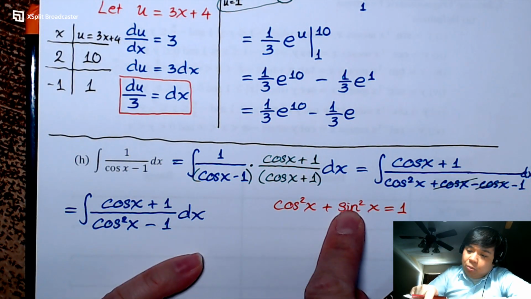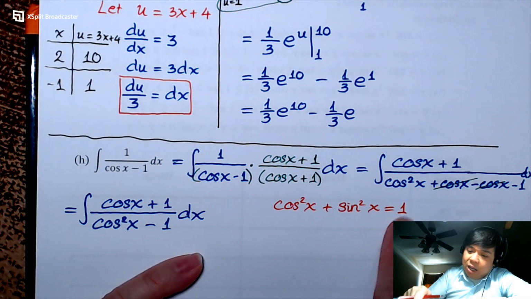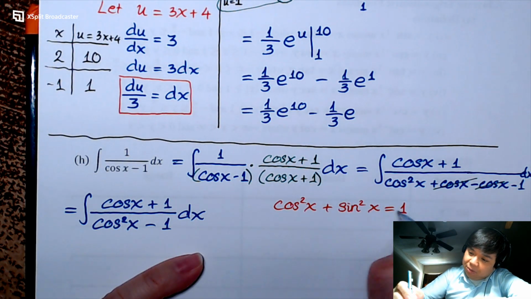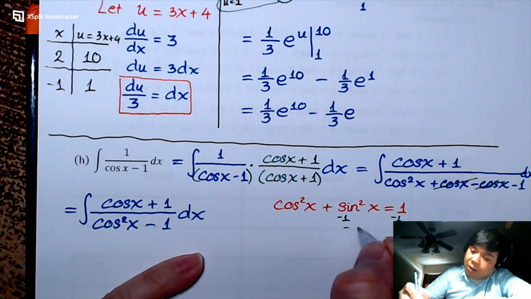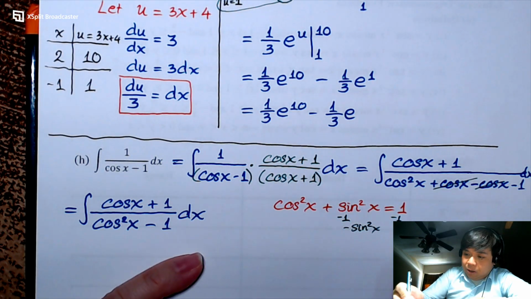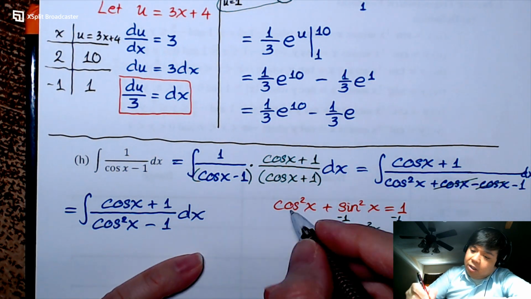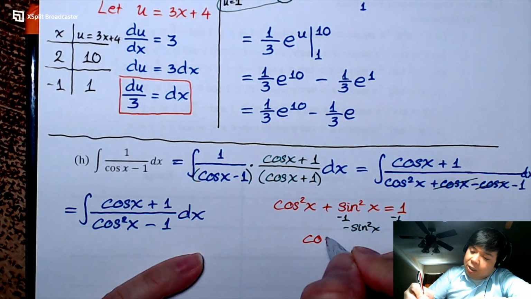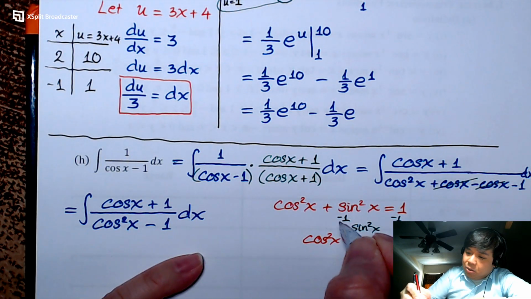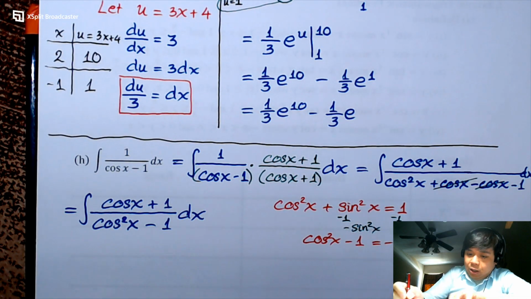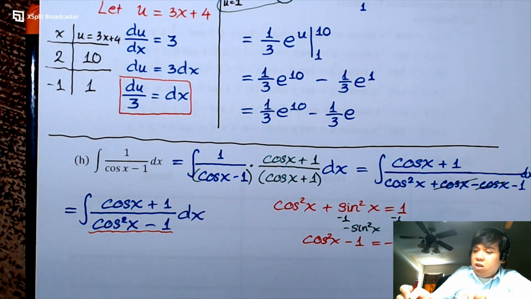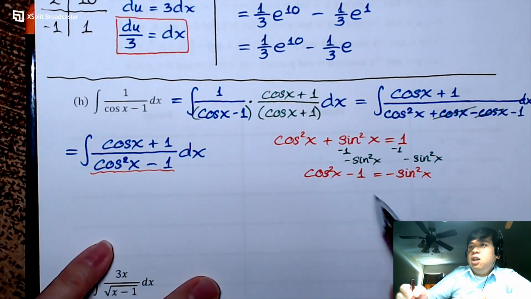So I will subtract the sine square on both sides and subtract 1 on both sides. So that gives us cosine square, sine cancel, that minus 1, 1 cancel, that minus sine. So this becomes just one term of negative sine square of x.